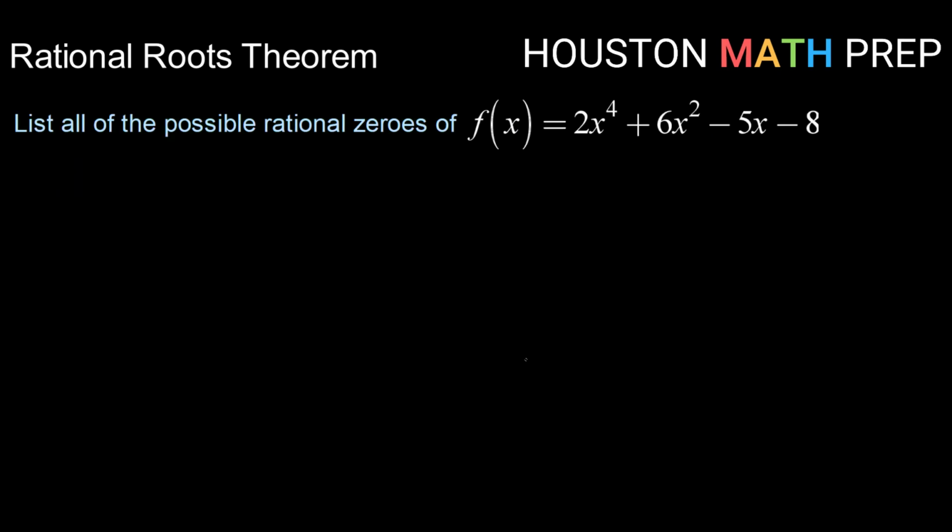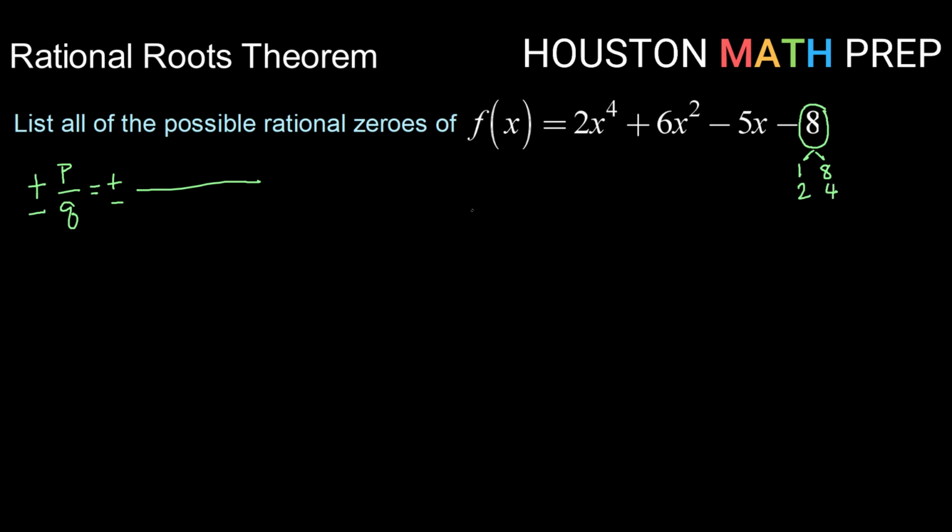Same instructions here, but let's see what happens if we don't have 1 as one of our p or q values. So listing all the possible rational zeros here, again, coming from the form plus or minus p over q, p will be all the factors of our constant. All the ways to get 8 are 1 times 8 and 2 times 4.